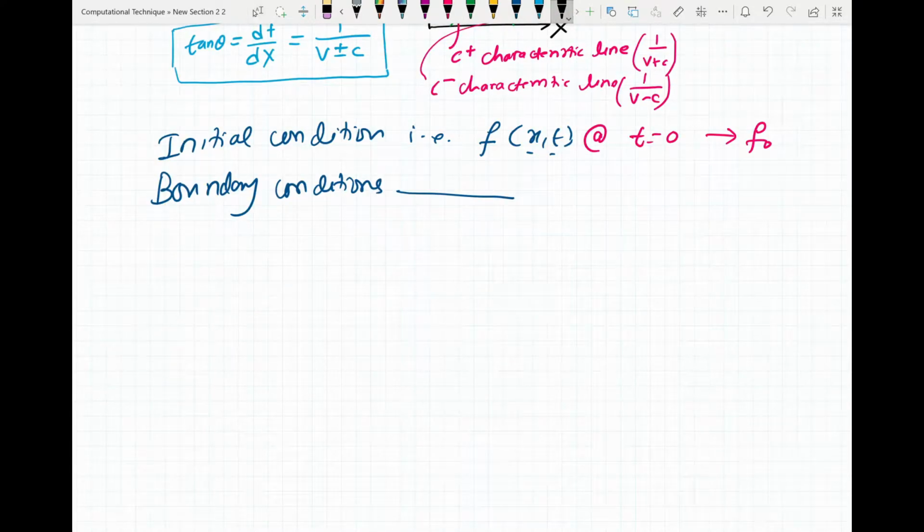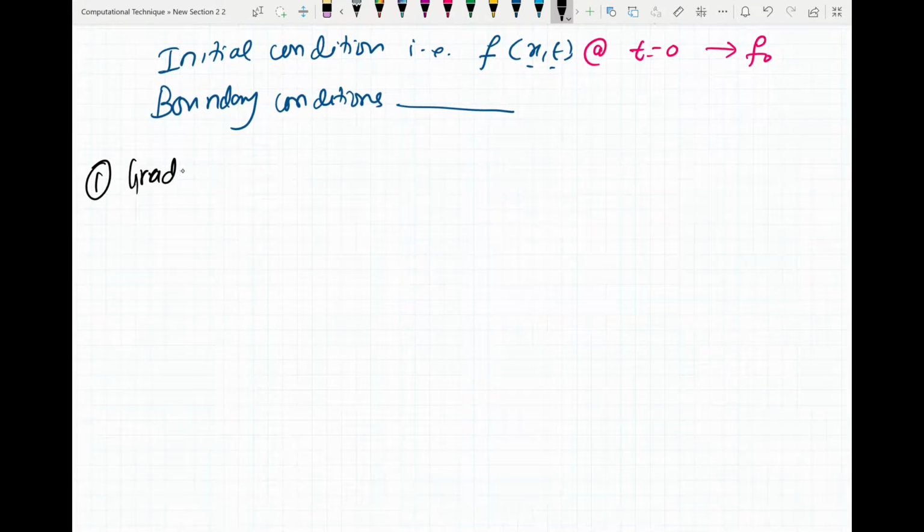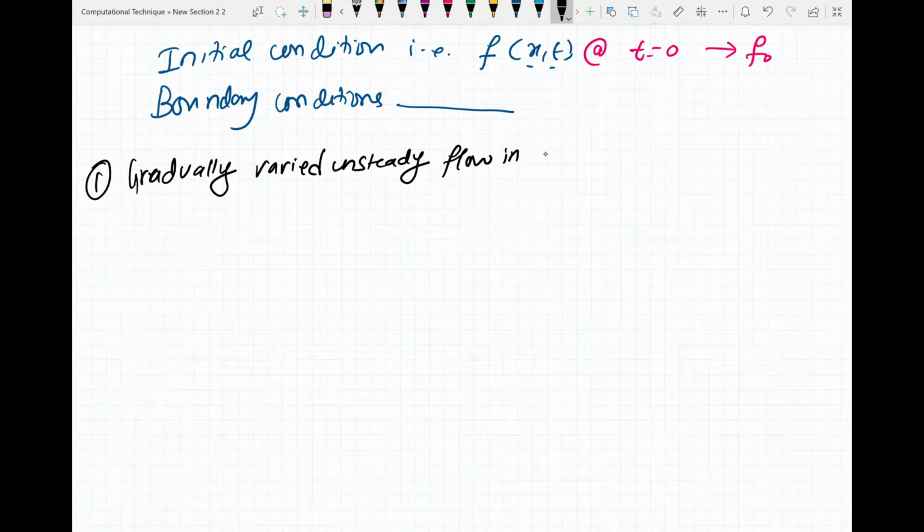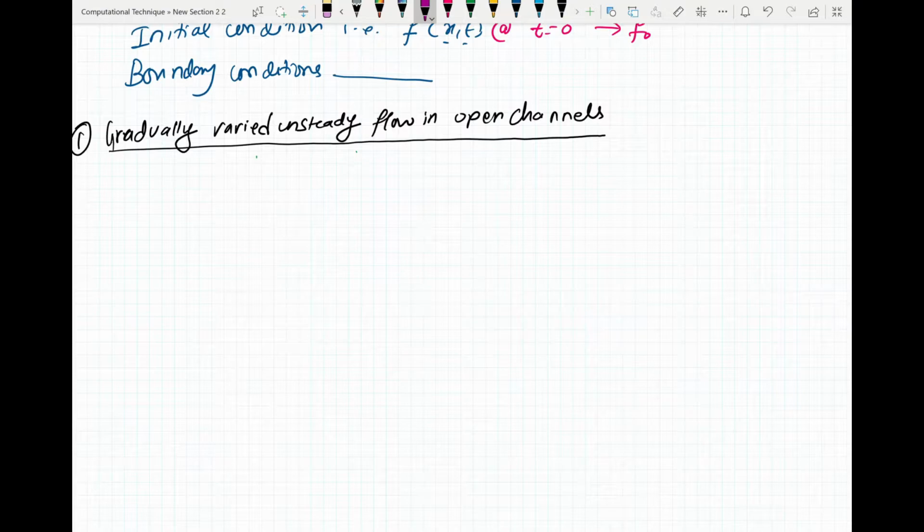Now let's look at the first type of flow, which is gradually varied unsteady flow in open channels. Some examples of such kind of flow can be the flood wave.